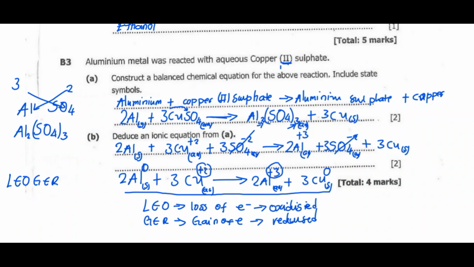Now let's look at this concept of the one gaining and the other one giving or donating. How is this possible? If you go back to the way things were, we know that copper at first was with sulfate.